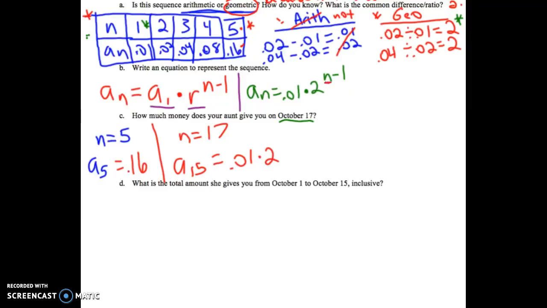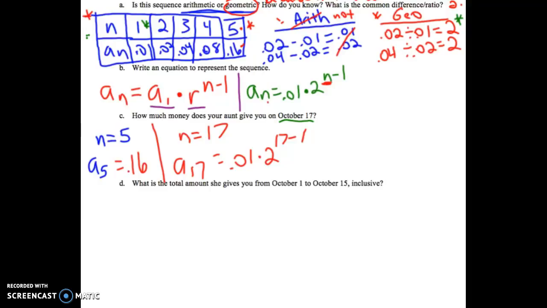The input is the variable, it takes the place of the variable. So instead of n, I'm going to put 17 minus 1. Notice the n changed here, a sub n turned into a sub 17, and the n minus 1 turned into 17 minus 1. Sorry, it's not a sub 15, it's a sub 17. The n's change to whatever number you're trying to evaluate.